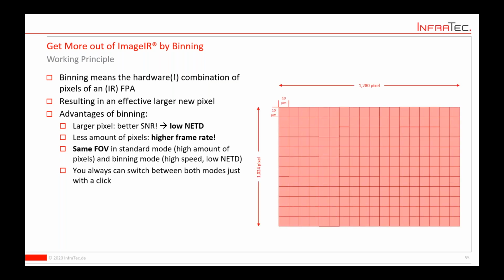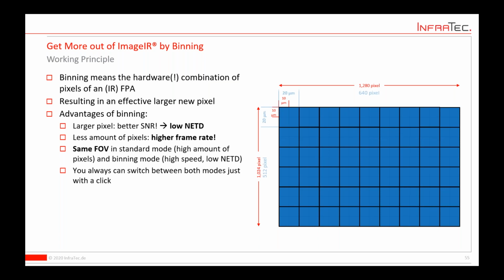The standard detector is 1280 by 1024 pixels with a 10 micrometer pitch. What we do on the hardware is bin these 2x2 pixels together to form virtual new pixels, giving 640 by 512. As a result, we gain thermal sensitivity and pure speed.